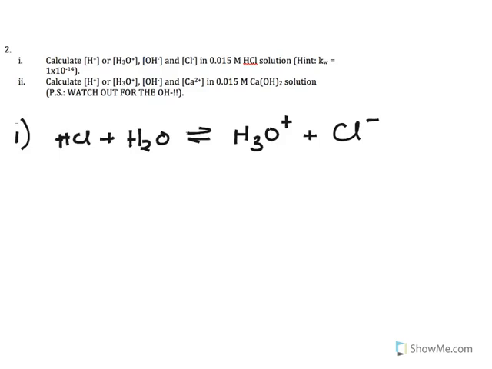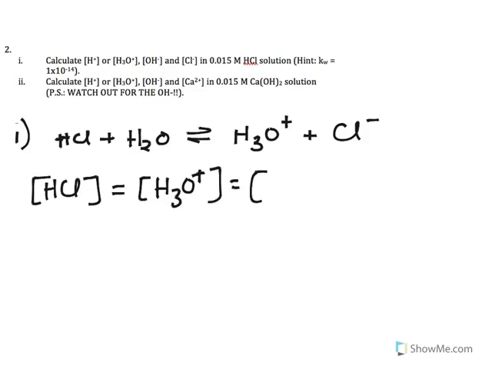Now, since this is a strong acid, we know that HCl is going to completely dissociate, which means that the concentration of HCl is going to be the same as the concentration of H3O plus or H plus, which is also going to be the same as the concentration of Cl minus, because that's a part of HCl as well, and they're all equal to 0.015 molar.